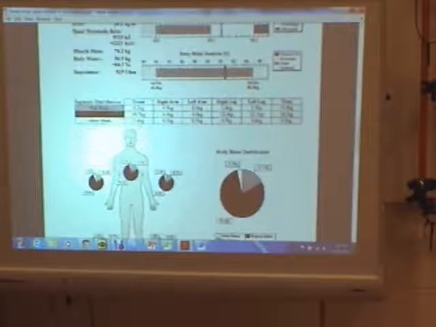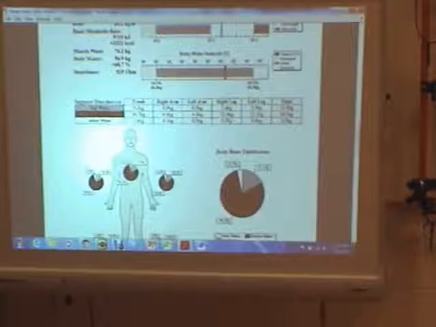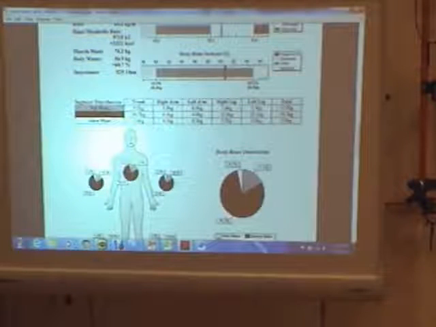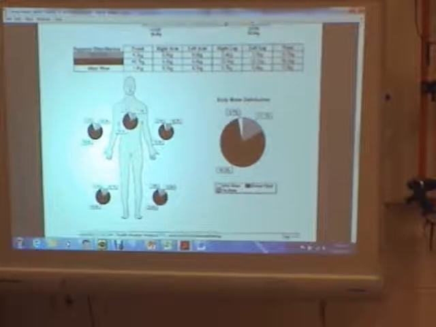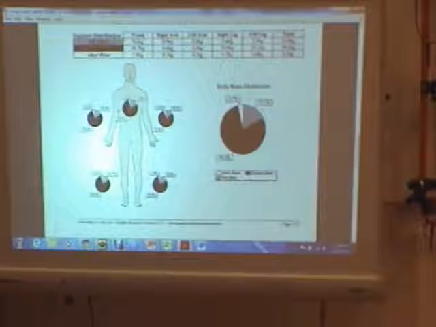You can look at individually how much fat is in each portion of his body. You can look at the muscle mass in the different areas. You get the body mass distribution, whether it's in muscle or fat mass.